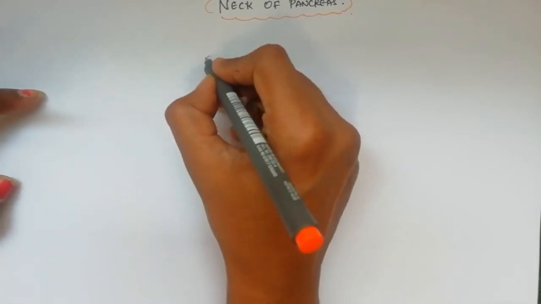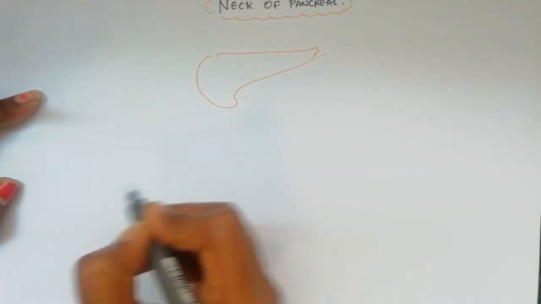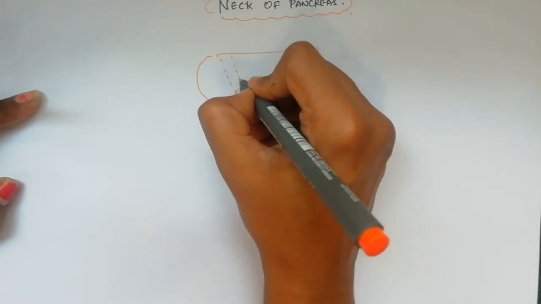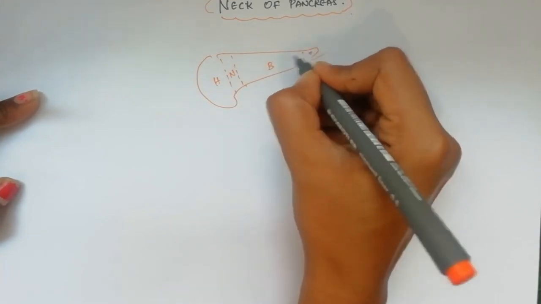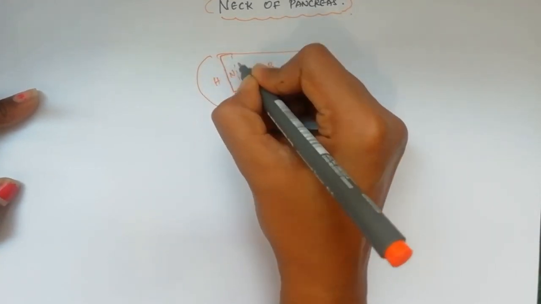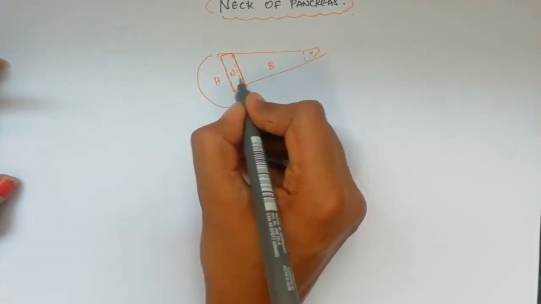It is easy to remember: the neck is the part between the head and body. So this is the pancreas, with head, neck, body and tail. Now we are going to concentrate only on the neck of the pancreas, which is present between the head and body of the pancreas.